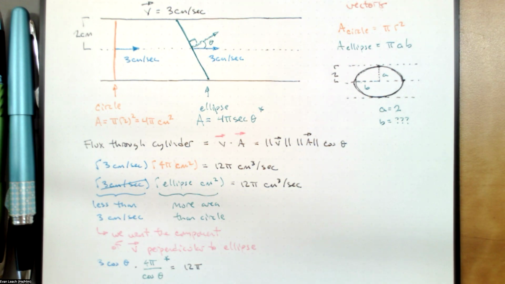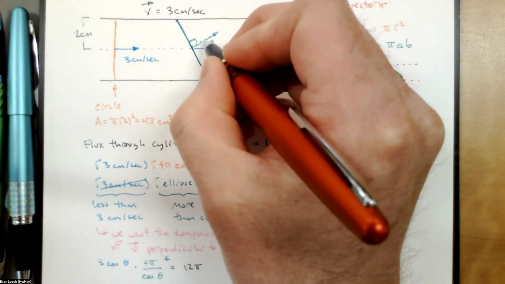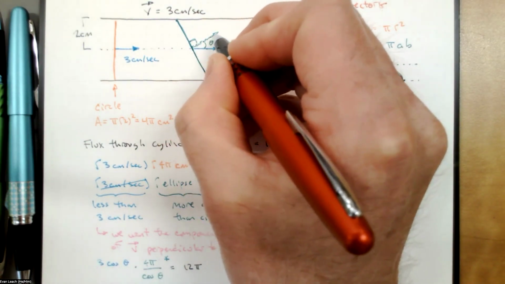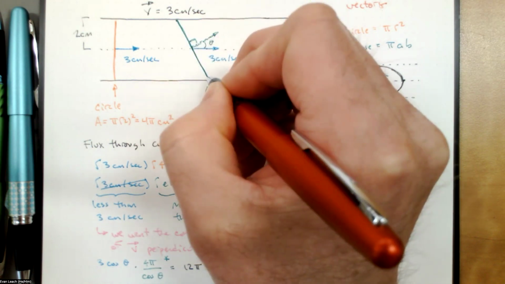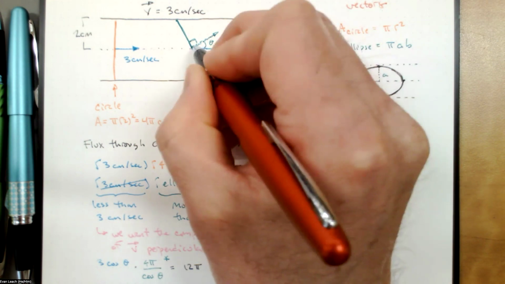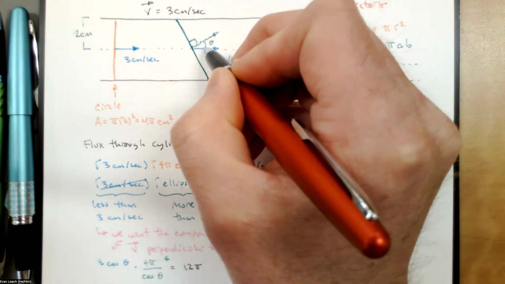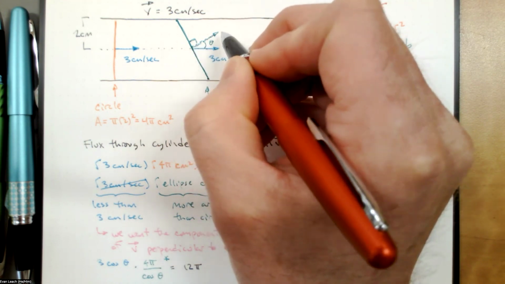For that, we're going to combine our top view with our side view. If we look at the side view, the normal vector is 90 degrees from the ellipse. I've got the velocity of the water going along my horizontal, and an angle theta between the horizontal and the normal vector.